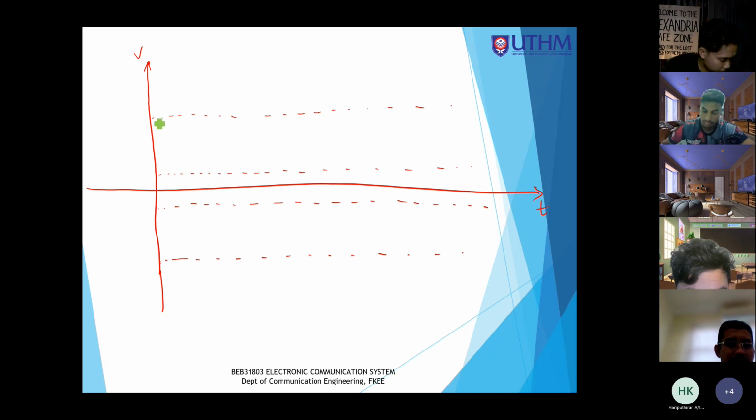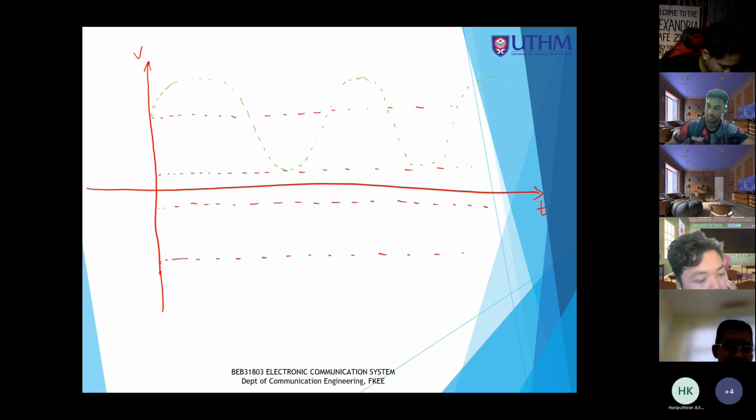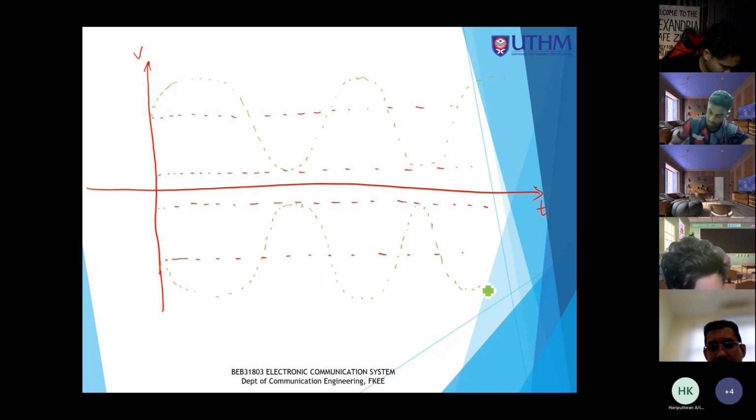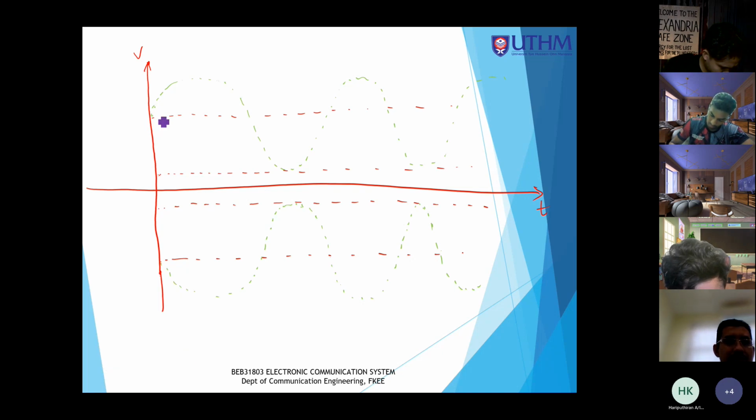So saya akan buat satu sine wave. Bentuk sine wave lebih kurang seperti ini. Okay. Sama juga di bahagian sini saya akan buat sine wave, garisan titik-titik sine wave. Okay, so and then I will draw the signal. So signal saya guna color purple for example. So dia akan kelihatan seperti ini.